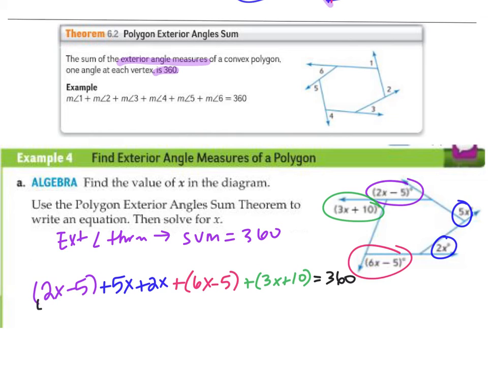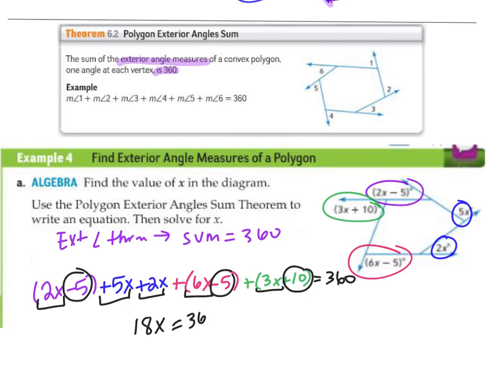All right, combine like terms. So 2 and 5 is 7, 9, 15, 18. So 18x. And then if we look at our just integers, -5 and -5 is -10. -10 plus 10 is 0, so we don't have to write anything there. Set that equal to 360.